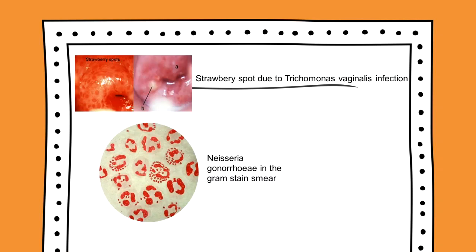This is the picture of the cervix. We can see the strawberry spot due to Trichomonas vaginalis infection, and the next picture is the microscopy of Neisseria gonorrhea in the gram stain smear.